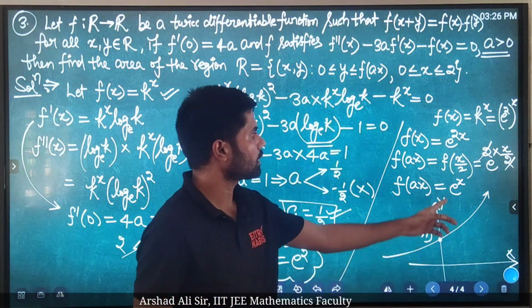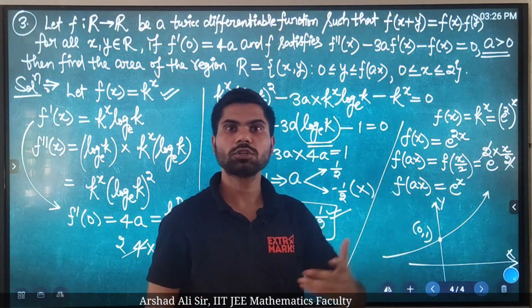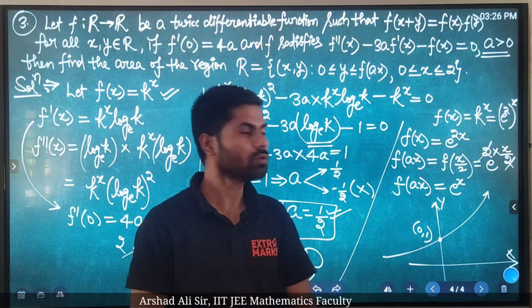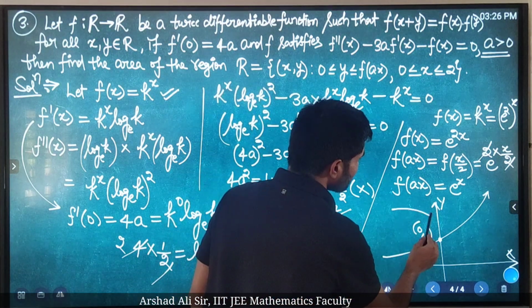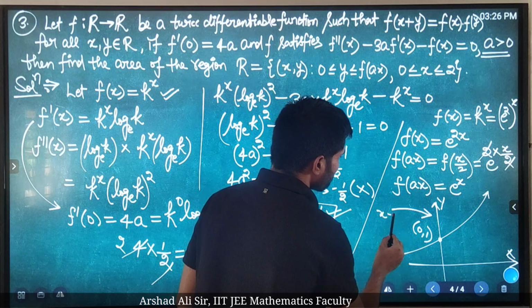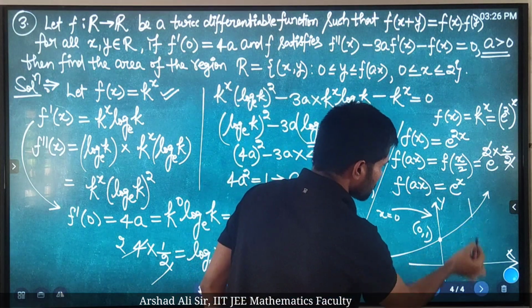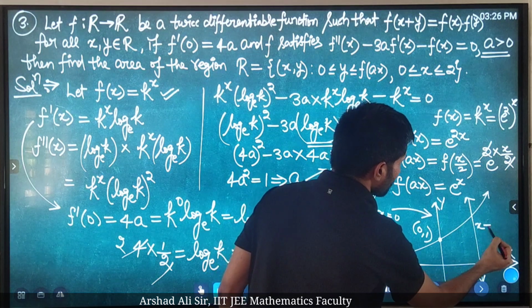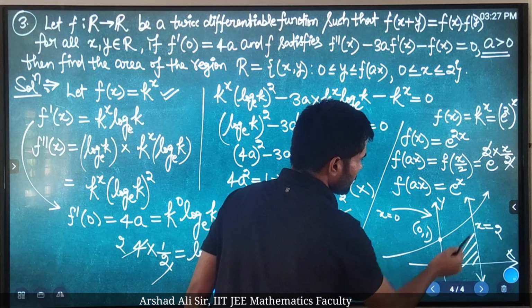You can put x equal to 0, you will get e to the power 0, and e to the power 0 is 1. So the e to the power x graph will pass through this point (0, 1). x equal to 0 is the y-axis. Second, x equal to 2. Let's suppose this one value is 2, this line x equal to 2. So what is the question? We have to find out this area.